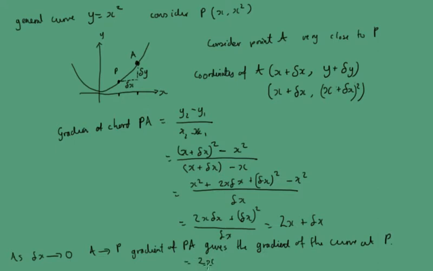The process of finding the gradient of a curve is called differentiation, and this process of differentiating functions by looking at the gradients of the chords is called differentiation from first principles.